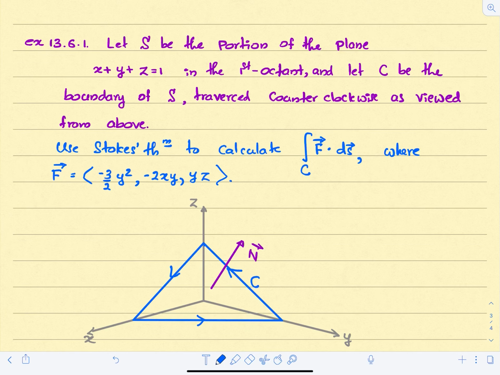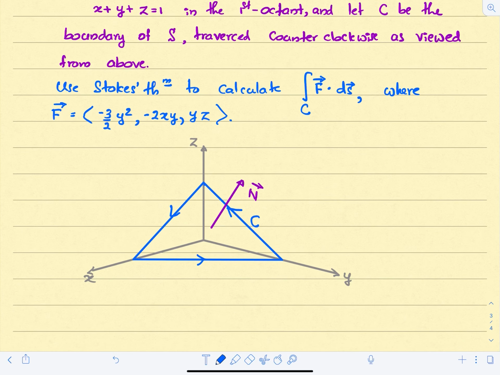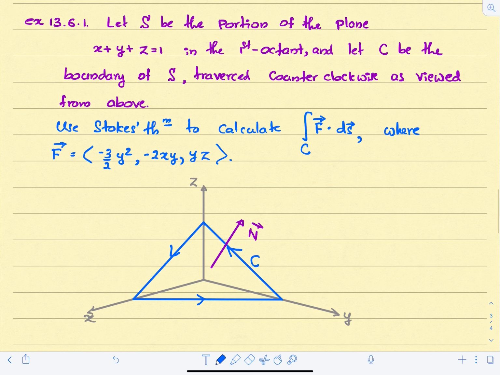Okay, good. Now on this surface we have a vector field F, and we want to use Stokes theorem to calculate this line integral over the curve C.